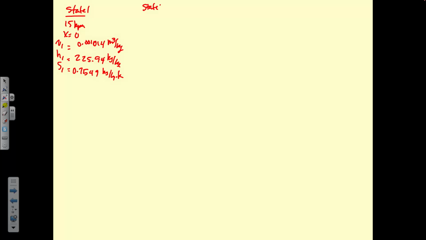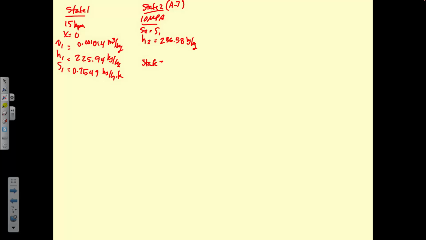State 2 is at 10 megapascals, and here's one where you get to use table A7. So we have 10 megapascals, s2 is equal to s1. We can look up our h2 value: 236.58 by interpolation.